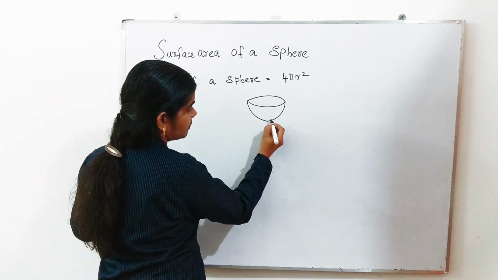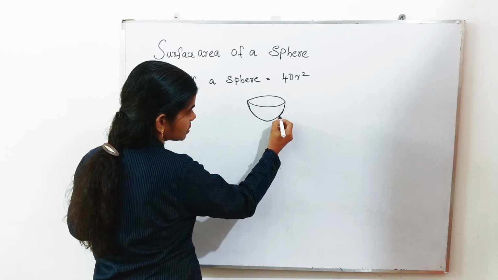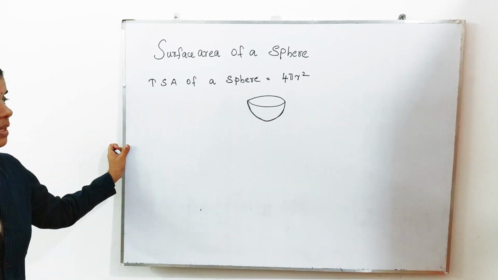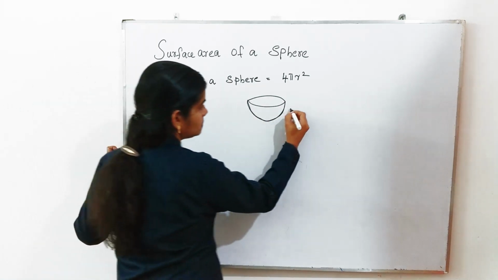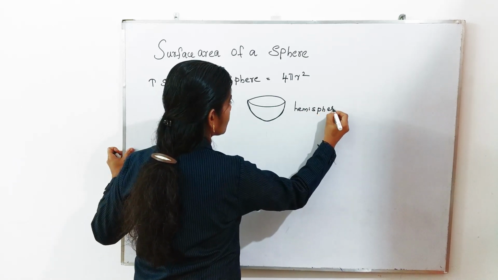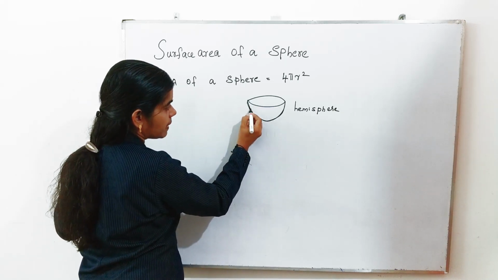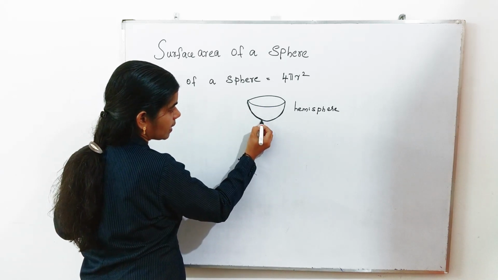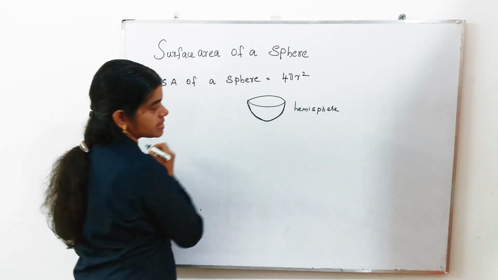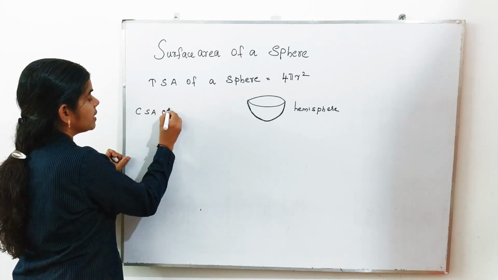Then here we are considering this part area only. This is known as the curved surface area of a hemisphere. CSA of hemisphere.